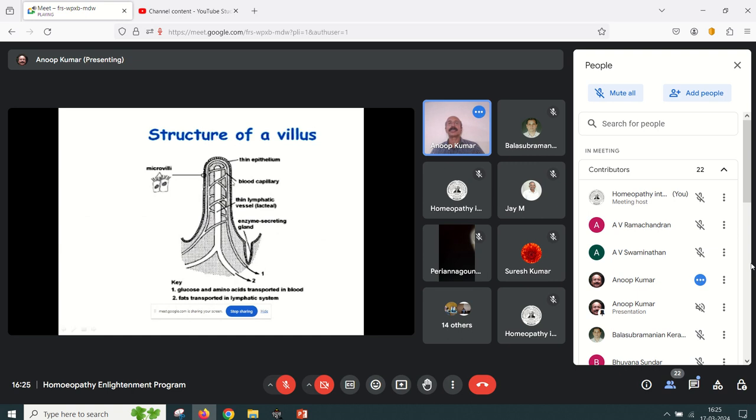So this is how it is. The villi is a projection of the intestine wall, and it will be richly supplied by blood vessels. And the center of that is a lymphatic portion that's called lacteal, and lacteals will be absorbing the glycerol and fatty acids, and will be sent to the liver by using the lymphatic transport system.